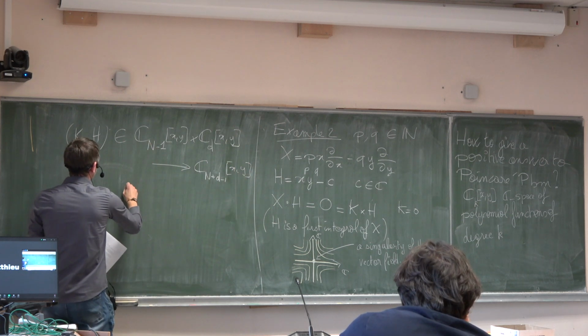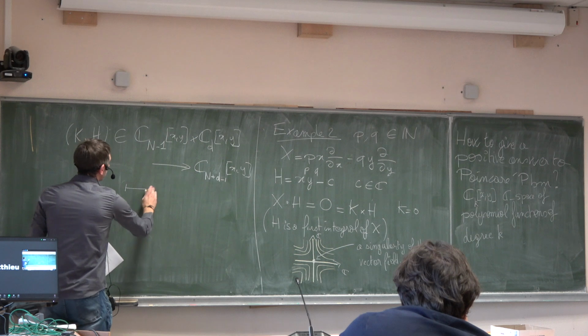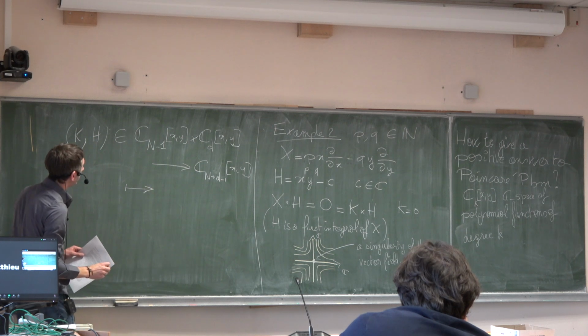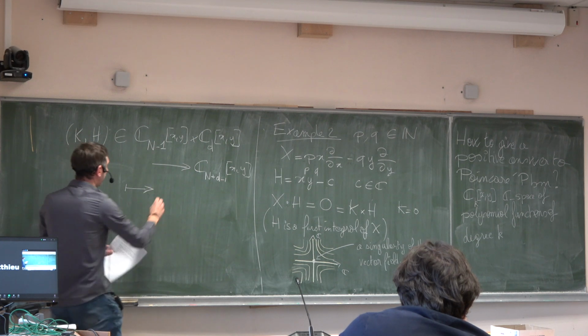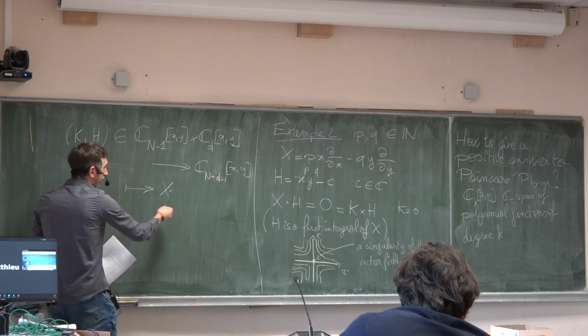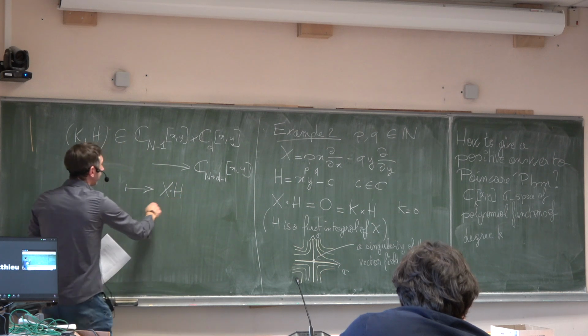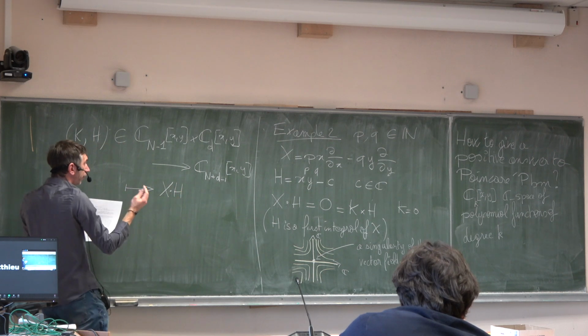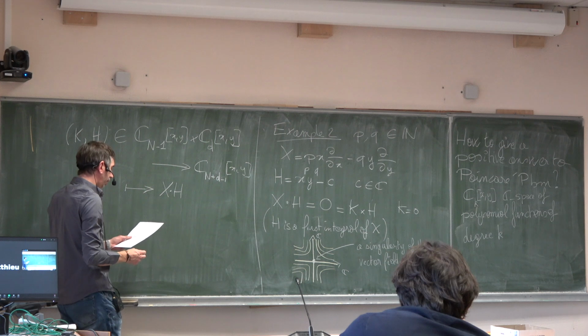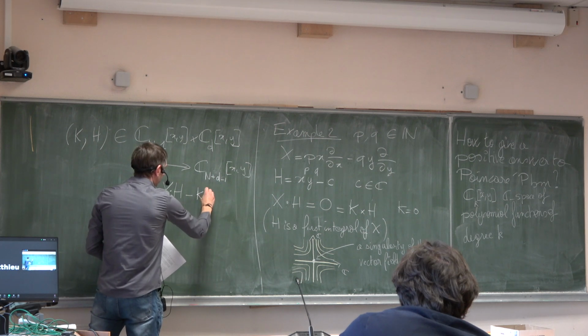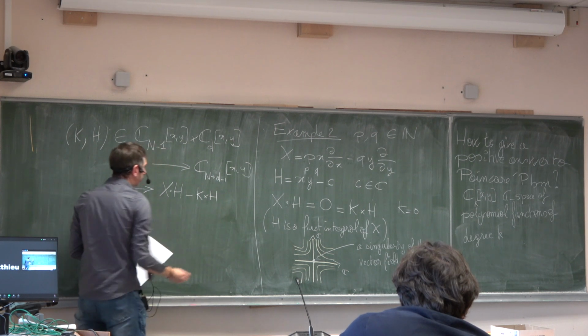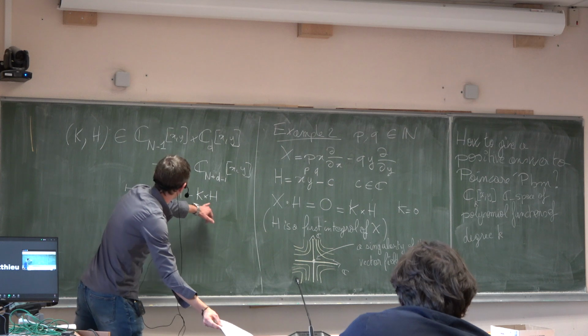And the expression of this linear map is you look at X, which acts as a derivation on the function h. So X is a vector field fixed initially, and then you remove k times h.